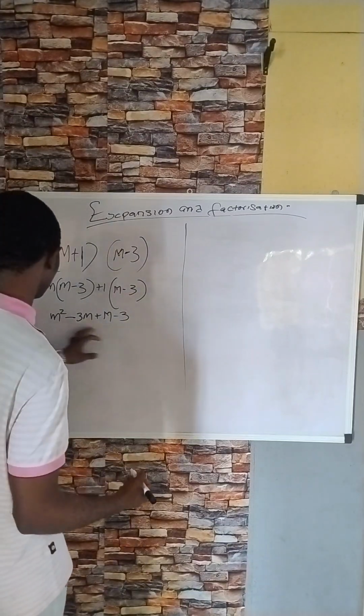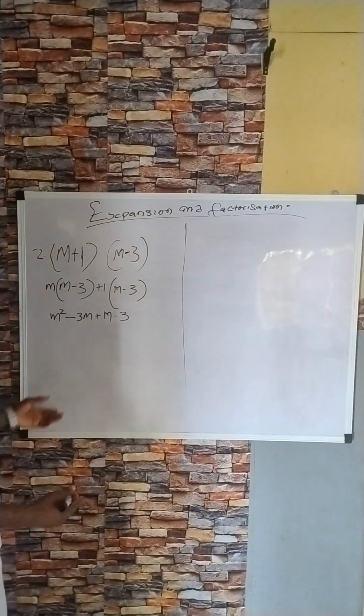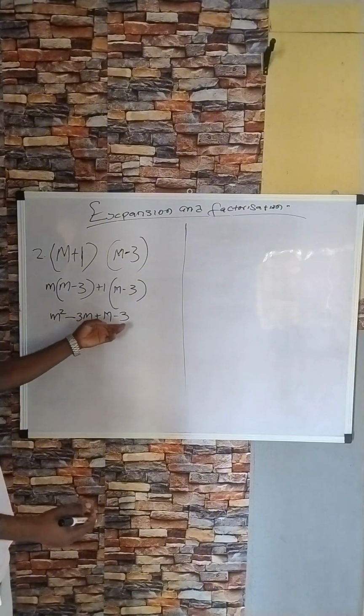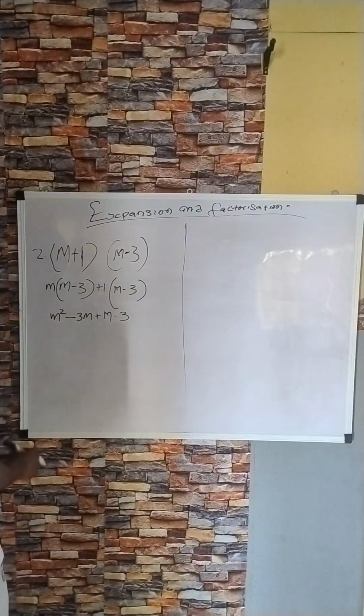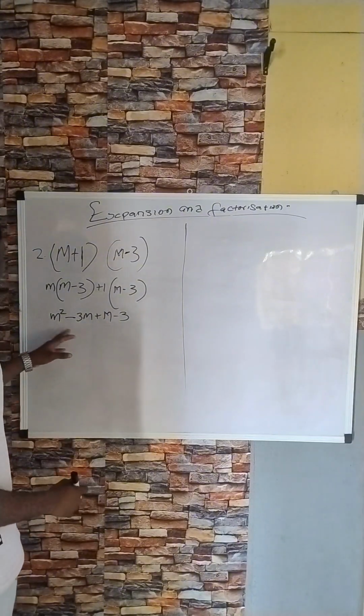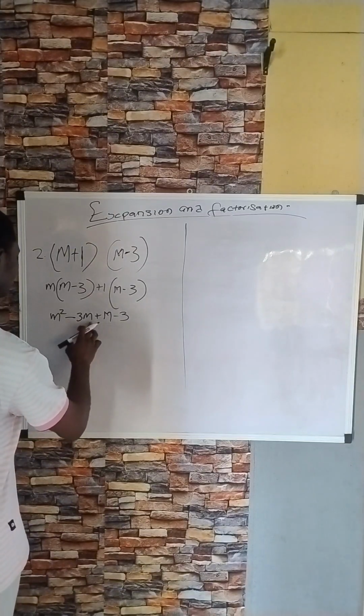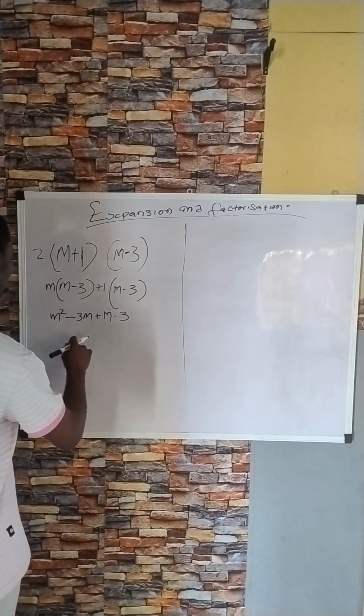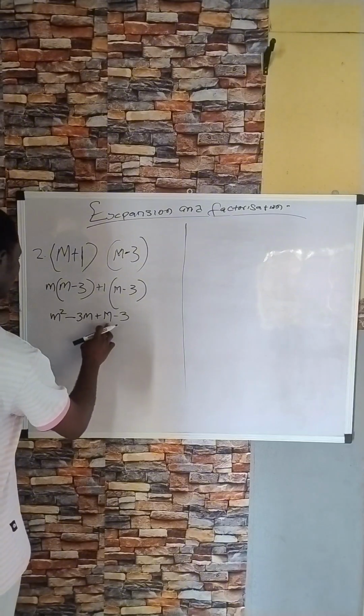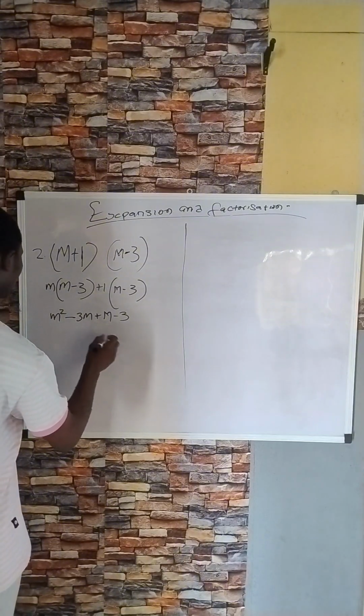So let's further simplify it by adding or subtracting like terms in the expression. So is there any like term here? There's a like term here, 3m and m. So minus 3m plus m will give you minus 2m.